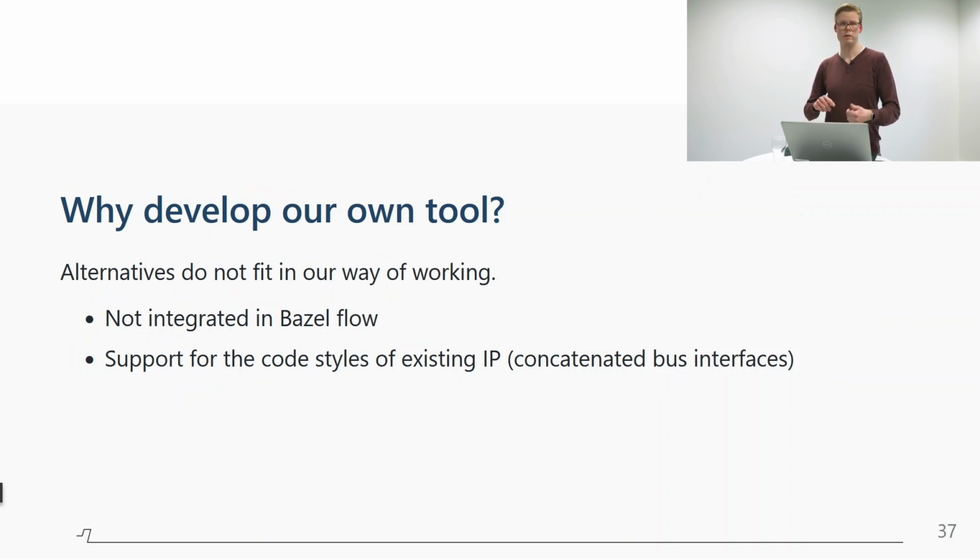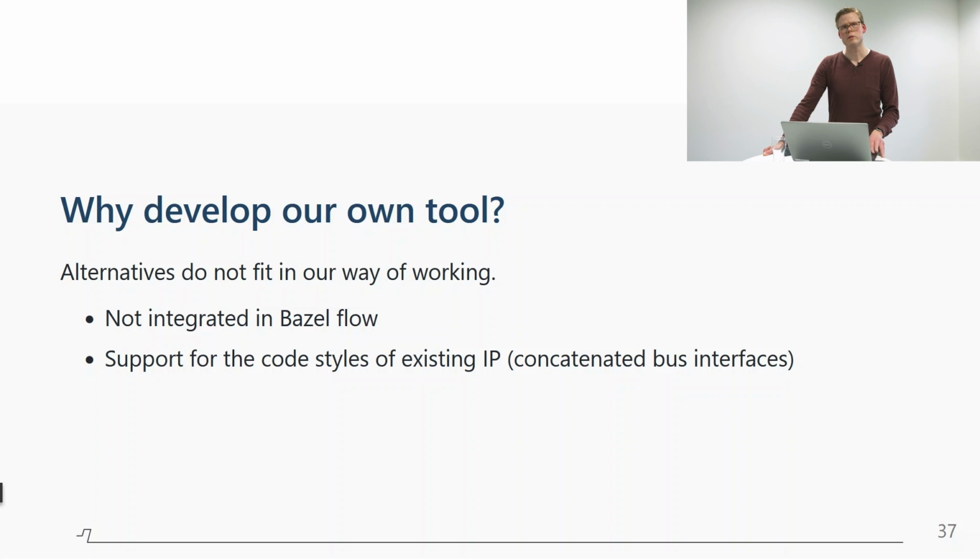For example, you have Vivado IP Integrator, Arteris IP, which is another commercial offering, and FuseSoC, which is an open source Python tool. But it turns out that all those alternatives don't really fit in our way of working. They are not integrated in the Bazel flow. Maybe we might work around to get it working, but it is going to take a lot of work.